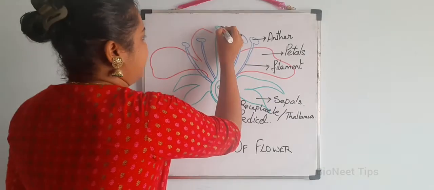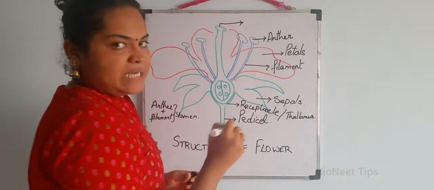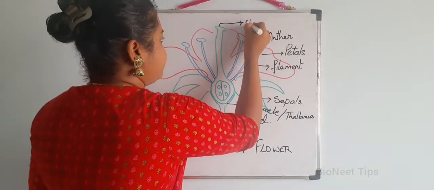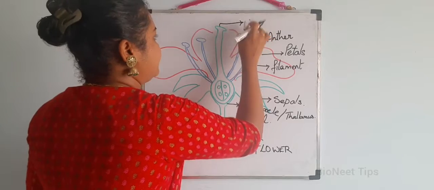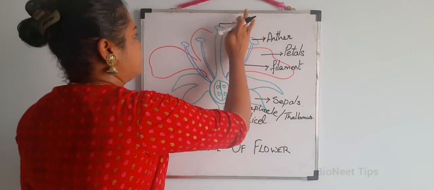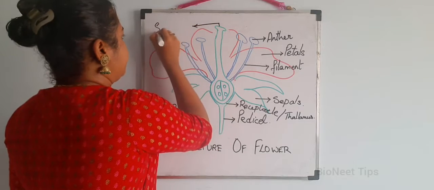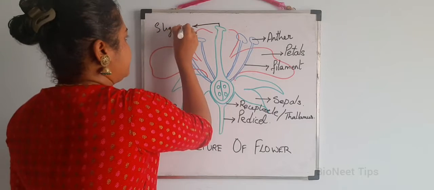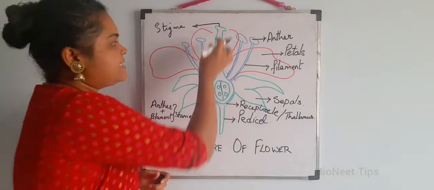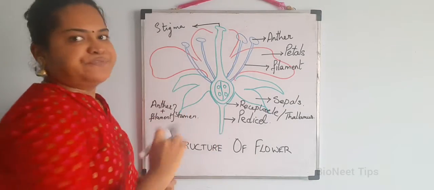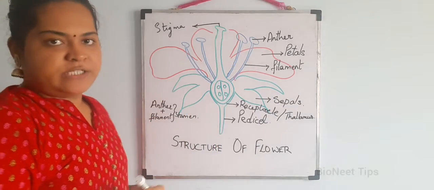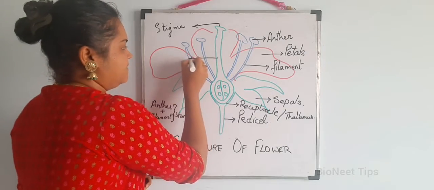The topmost part is the stigma. Let me just write it this side. This is the stigma. This elongated part of the female reproductive part is the style.